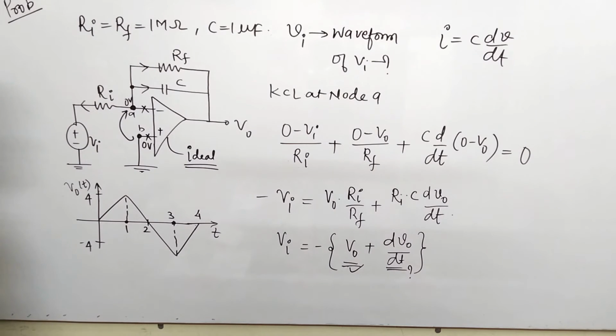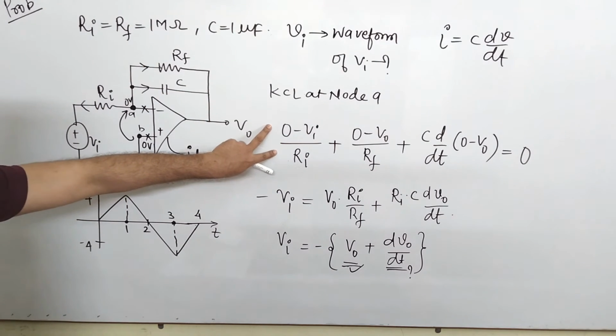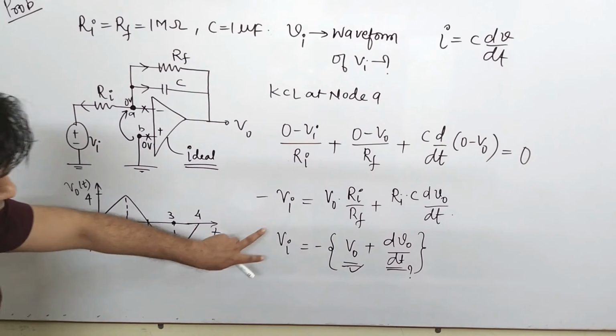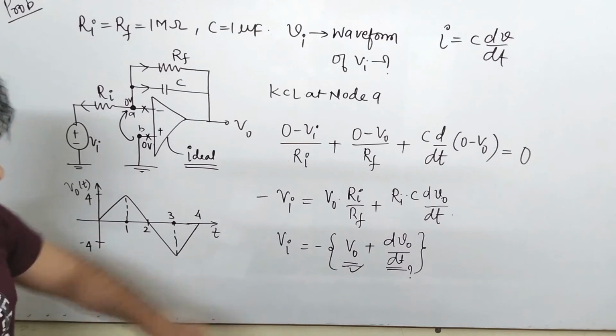This is a big numerical, such type of numerical will not come in the examination, but there are a lot of concepts which are applicable in numerical, which help you to solve different types of problems in your examination. So that's why I have taken this very important problem. In this problem, first we have to understand how we apply this KCL. Now we are finding out the nature of Vi, that is the waveform of Vi, with the help of this equation.